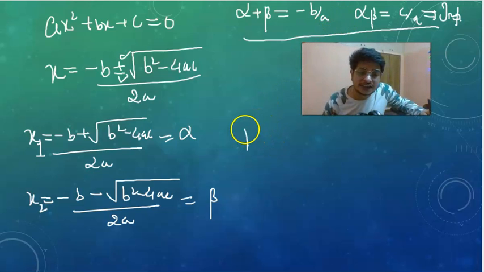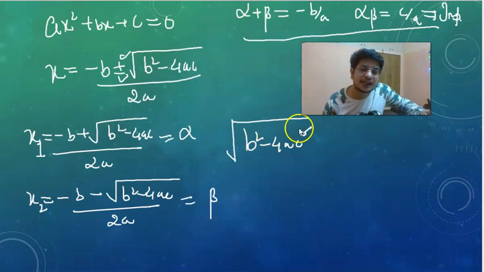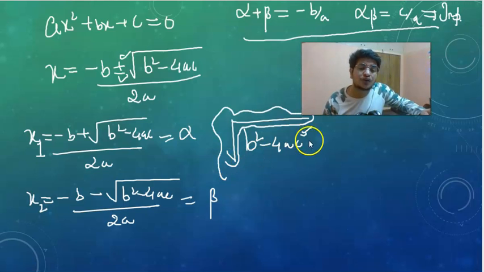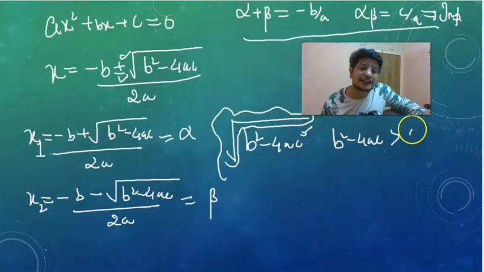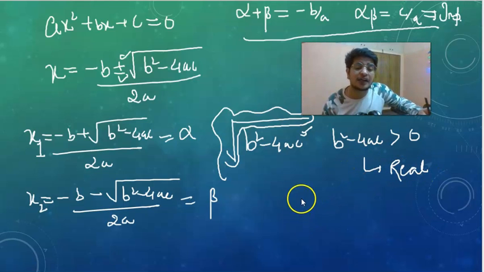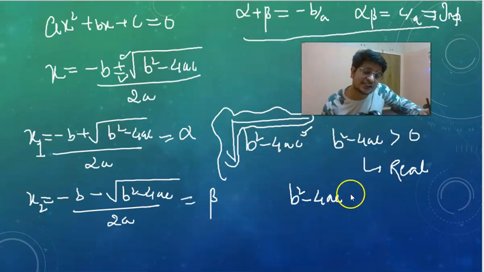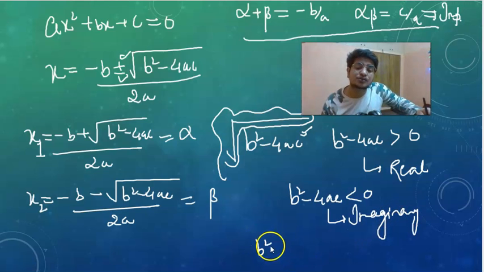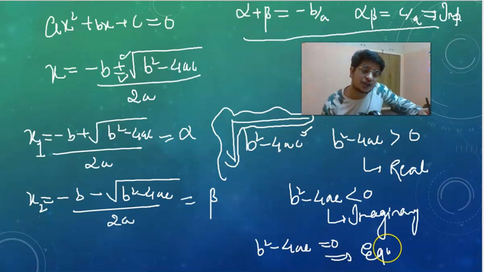We have already seen that b square minus 4ac is under a root, which matters for the nature of the roots. If b square minus 4ac is greater than 0, then the roots are real. If b square minus 4ac is less than 0, the roots are imaginary. And if b square minus 4ac is equal to 0, the roots are equal.